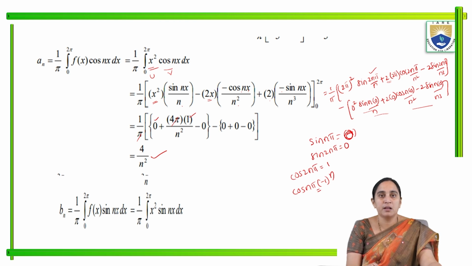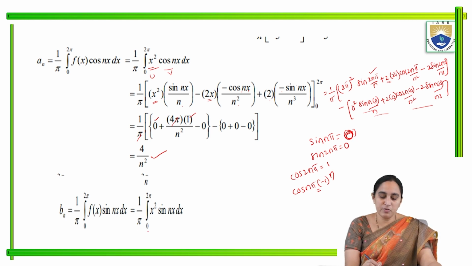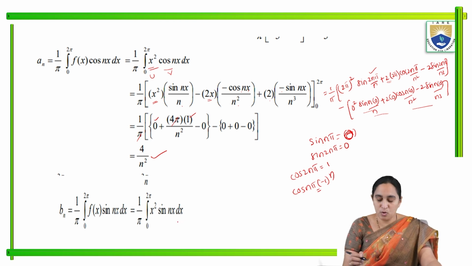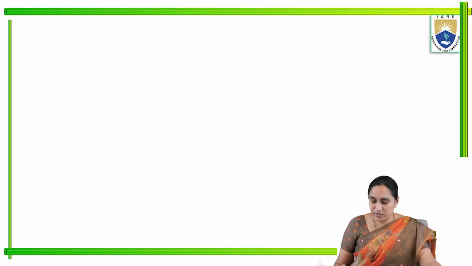Next, bn. What about bn? bn is 1 by pi into integral 0 to 2 pi f of x sin nx dx. There, 1 by pi into integral 0 to 2 pi x square sin nx. Okay, again this is in the form of uv.